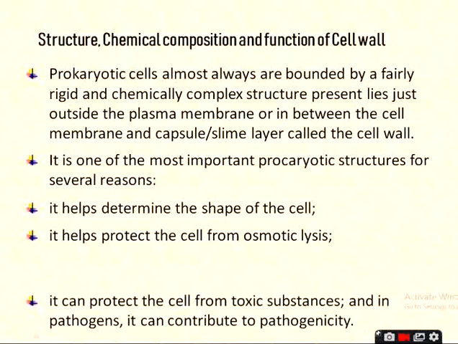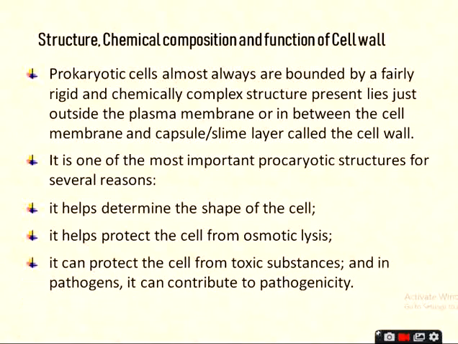It can protect the cell from toxic substances, and in pathogens it can contribute to pathogenicity. It means if these organisms come in contact with toxic material, and the toxic materials try to penetrate from outside to the inside of the cell through the cell wall, the cell wall does not allow such toxic materials to pass from outside to inside of the bacteria.